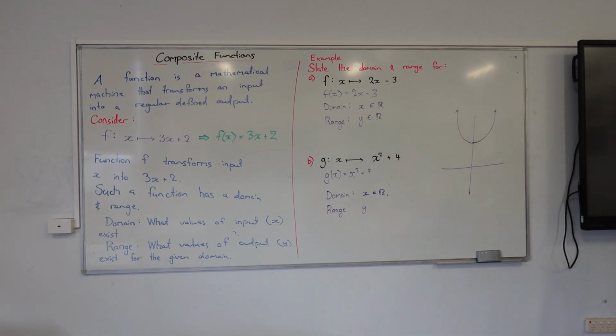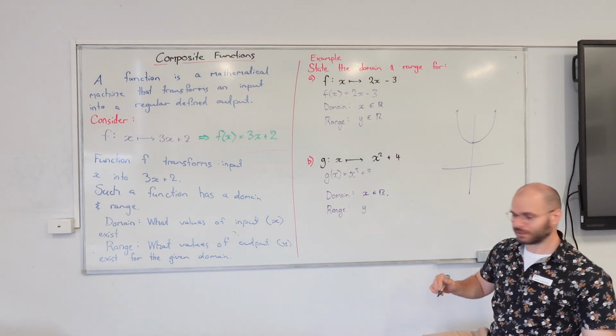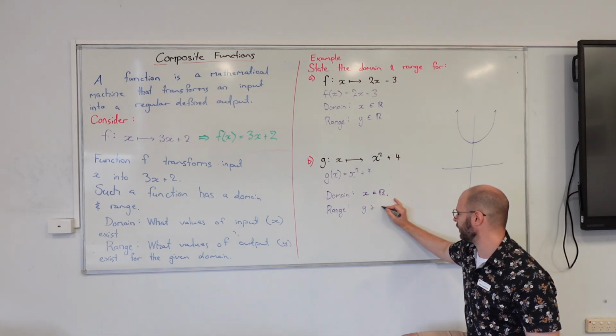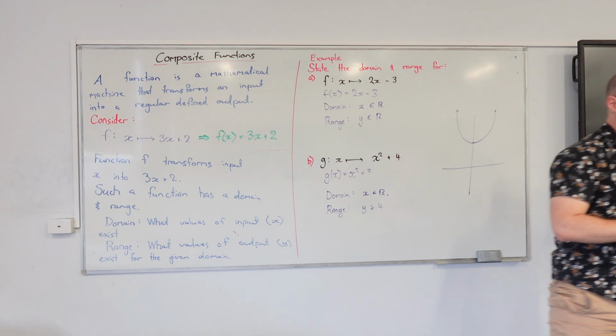Are there any values of y that are not included in this function? Anything below 4. Inclusive of 4 or exclusive? Inclusive of 4. So what we're going to find is that y is simply greater than or equal to 4, and there's our range. Does that seem cool?